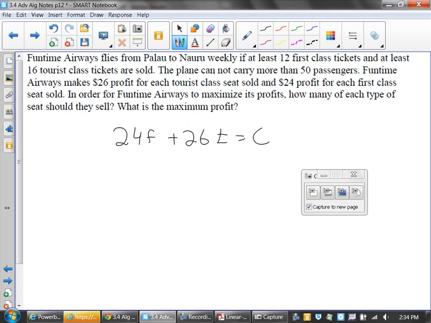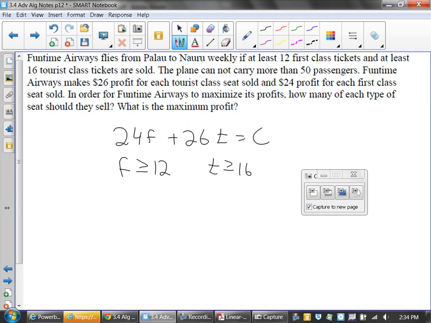You need at least 12 first class. So what is that going to look like? Yeah, so first class is greater than or equal to 12. And then the other one says you have to have at least 16. So tourist has to be greater than or equal to 16.